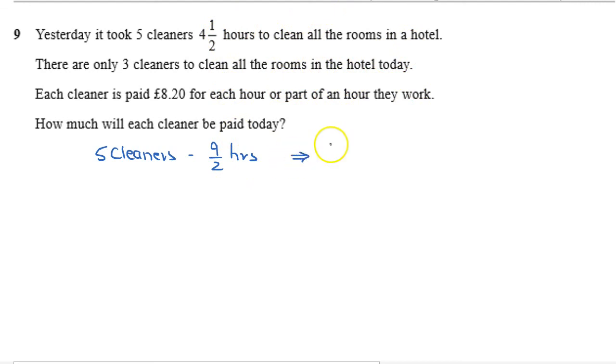So it means total hours of labor. Each cleaner worked 9.5 hours. There are 5 cleaners, so it will be 5 multiply 9 over 2.